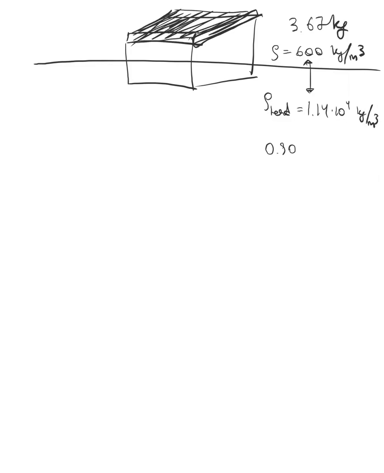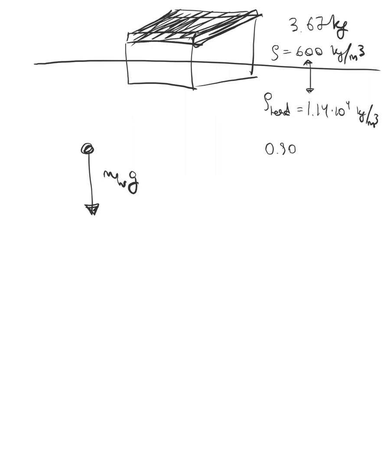So I have this lead here on top, and 90% of my wooden block I know is submerged underwater. So let's think about this from the point of view of the wooden block. What kind of forces does the wooden block experience? It experiences several forces. One force is its own weight, so mass of wood times g.